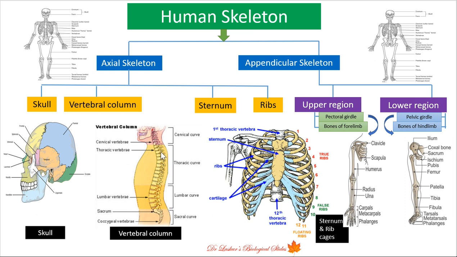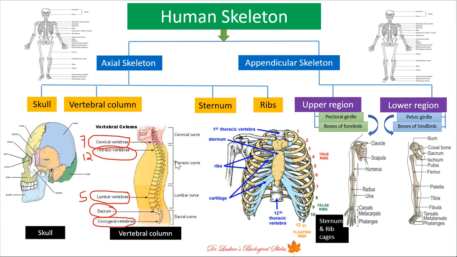The vertebral column is differentiated into 7 cervical vertebrae, 12 thoracic vertebrae, 5 lumbar vertebrae, 1 fused sacrum and 1 fused coccygeal vertebra.